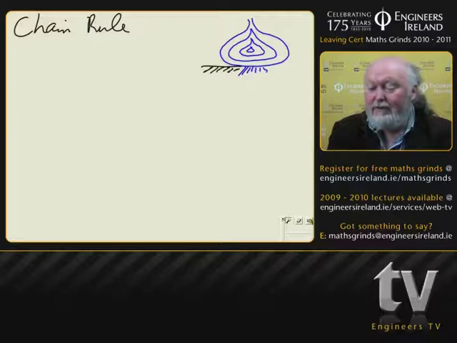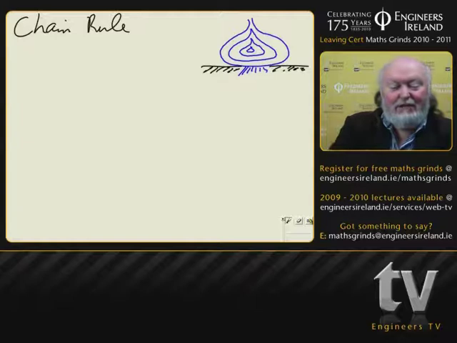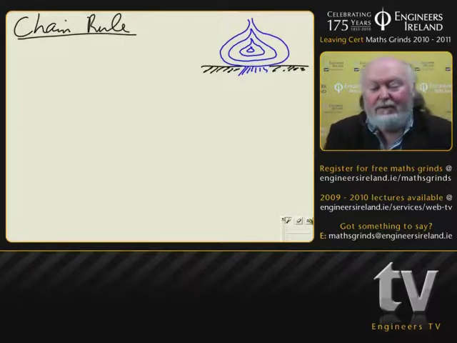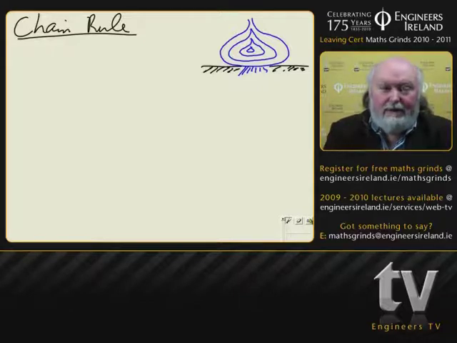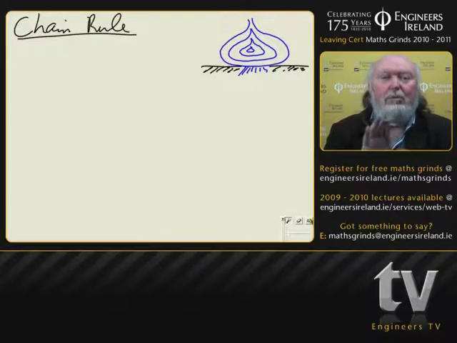There's no real marks for guessing that that's an onion. So, when you think of chain rule, why should you think of an onion? Well, differentiation, as powerful and all as it is, can really only operate through one layer.